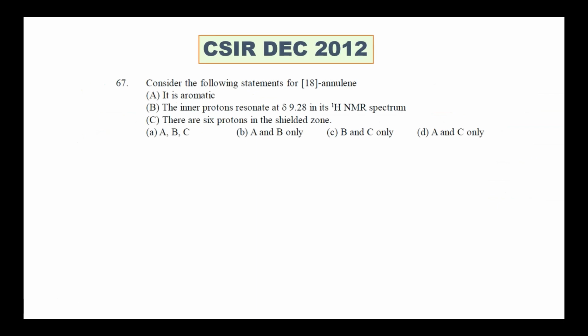It was asked in CSIR December 2012. They're asking whether the following statements for 18-annulene are right or wrong. So 18-annulene is aromatic. Yes, it is aromatic. The inner protons resonate at 9.2. Wrong. So for an aromatic system, what do we know?